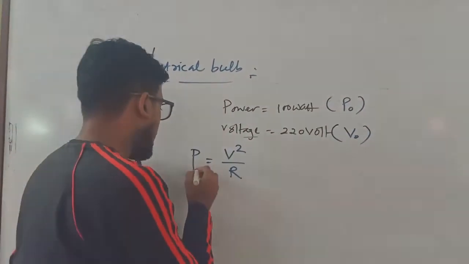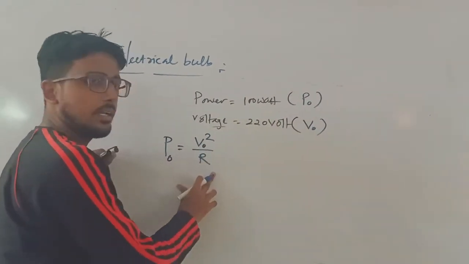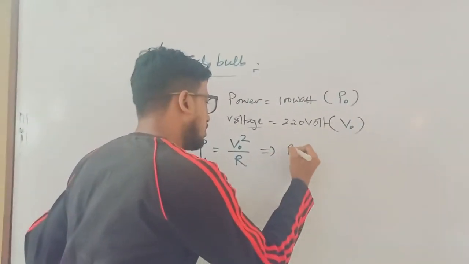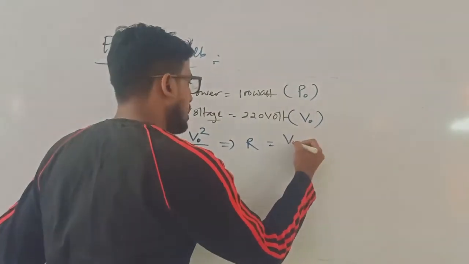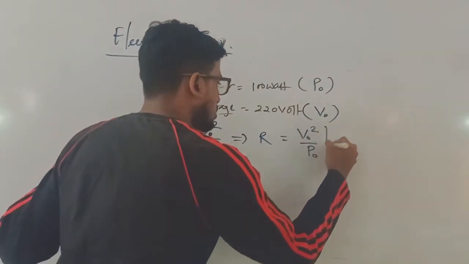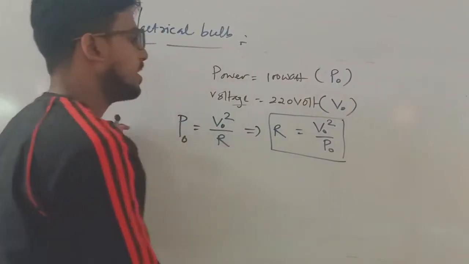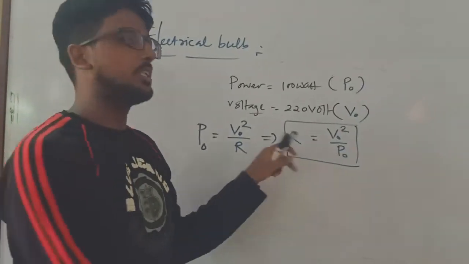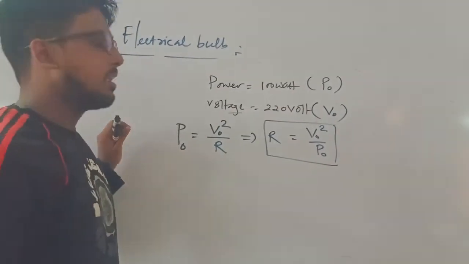So P naught equals V naught square by R, and from this the resistance of the given bulb is V naught square by P naught. This is the resistance of the electrical bulb that we purchased from an electrical shop.